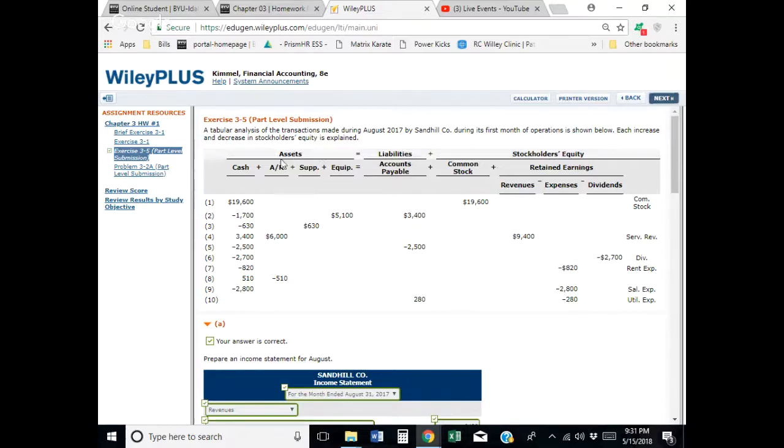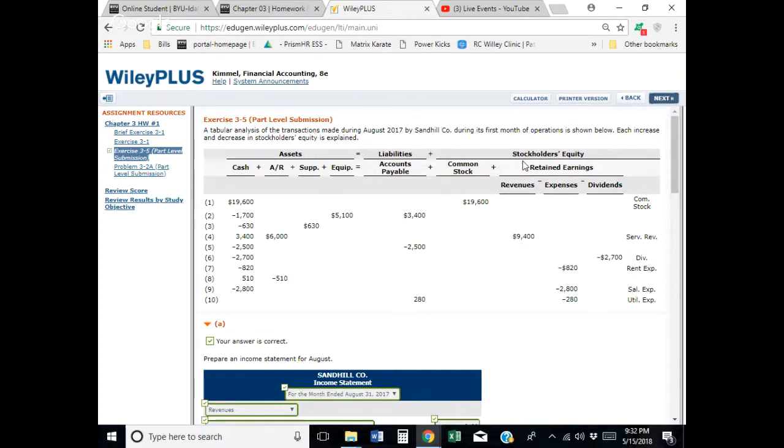So the accounting equation: assets equal liabilities plus stockholders' equity. Below we have the expanded accounting equation breaking out all the accounts. Assets are broken down into cash, accounts receivable, supplies, and equipment. Liabilities, and we have accounts payable.